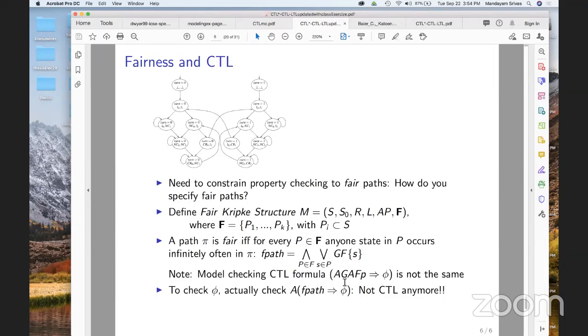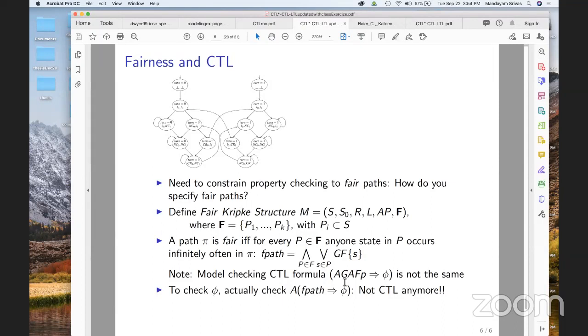As you will see, we will first cover CTL model checking in the classical sense. CTL model checking is kind of collecting the states on which formulas hold.